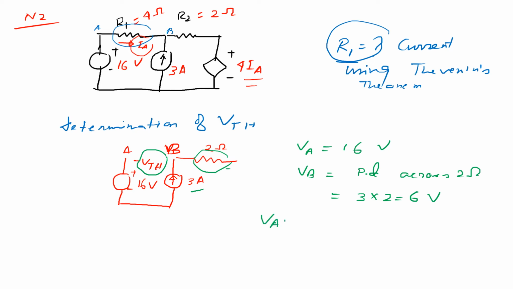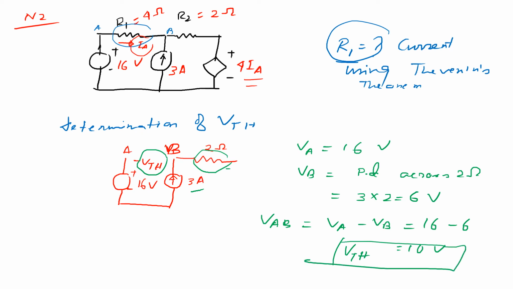VAB is equal to VA minus VB, that is 16 minus 6, which is equal to 10 volt, and that is actually equal to Vth. So this is the value of Vth, that is 10 volt.